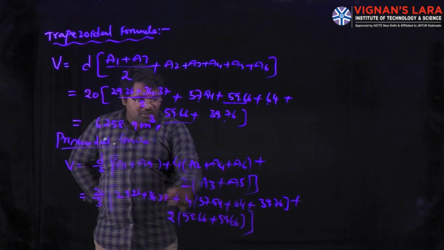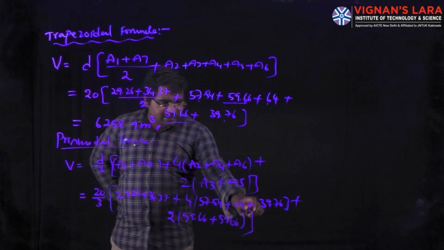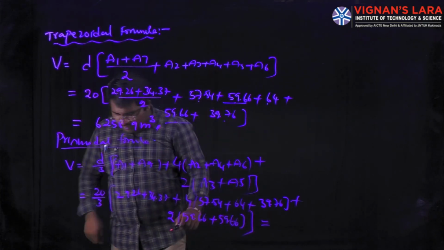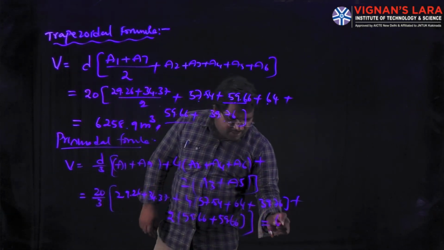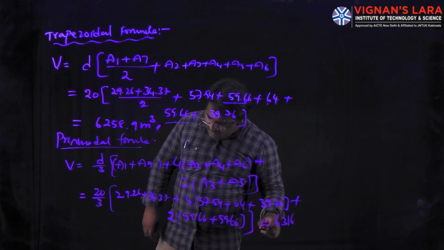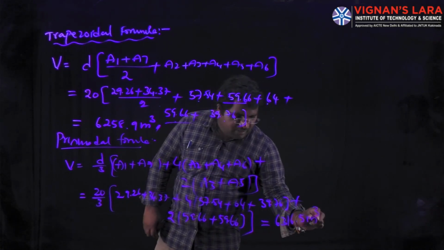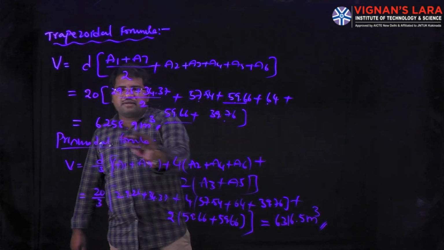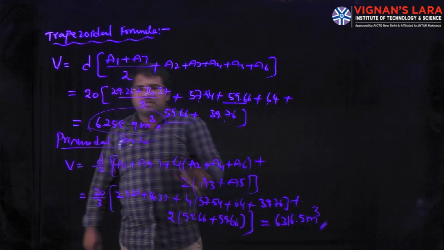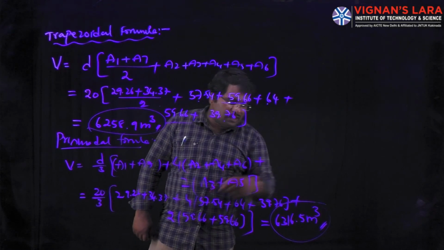By substituting all values and calculating, finally you get 6316.5 cubic meters.